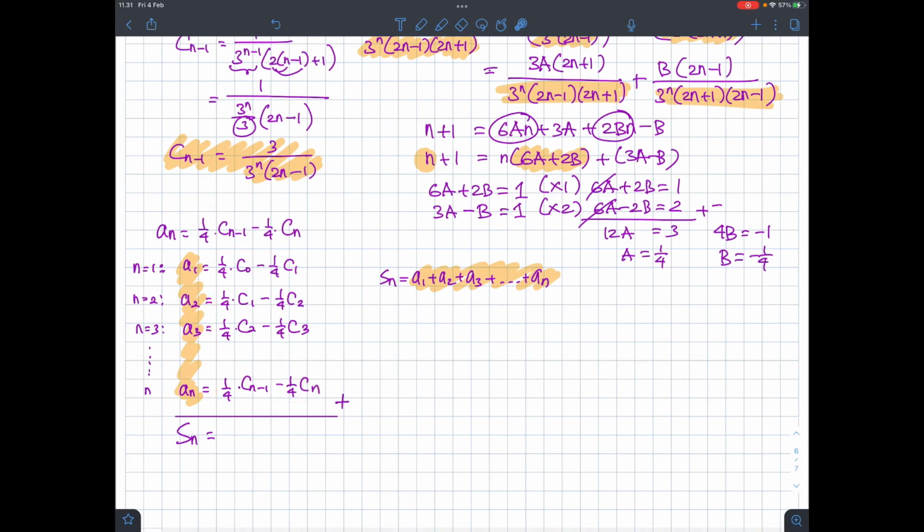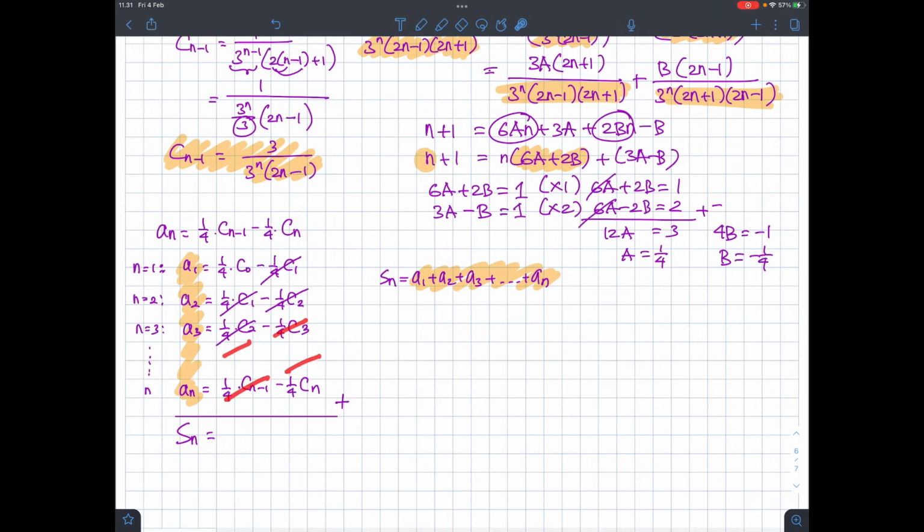right hand side, you can cancel out this one, and this one will be cancelled out. Minus 1/4 c2, and this one, minus and positive, will cancel out. You can see the pattern cancel out, yeah. Cancel out pattern here, and the last one will be here.